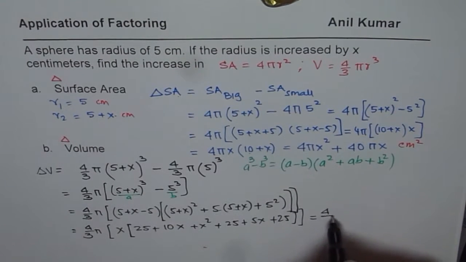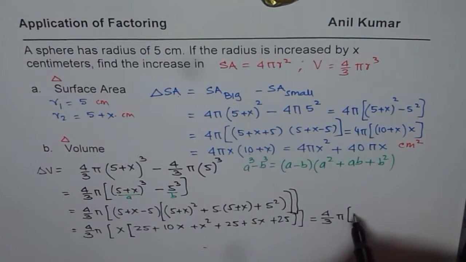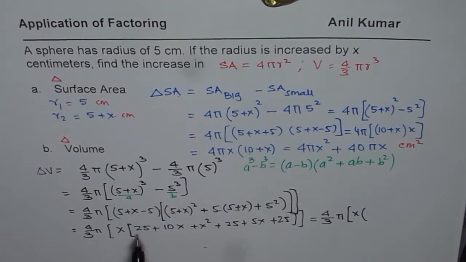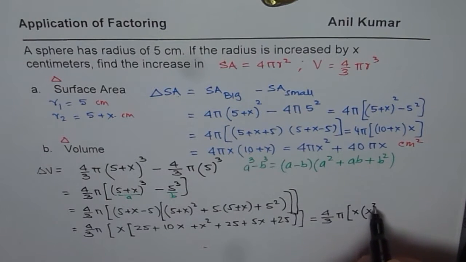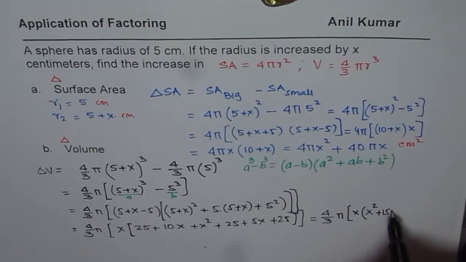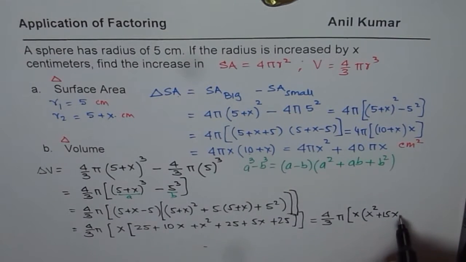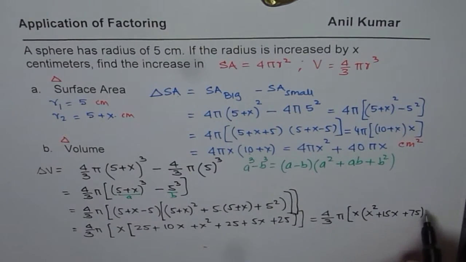We have only one x square, so we write x square. As far as the x coefficients are concerned, we have 10x plus 5x, which is 15x. And for the numbers, 25, 25 and 25 gives us 75.